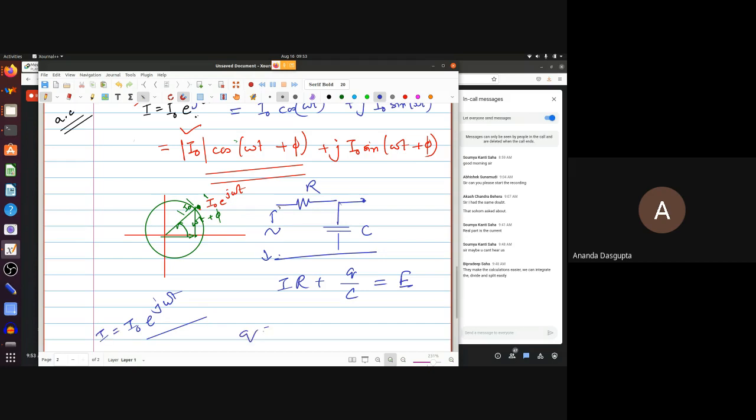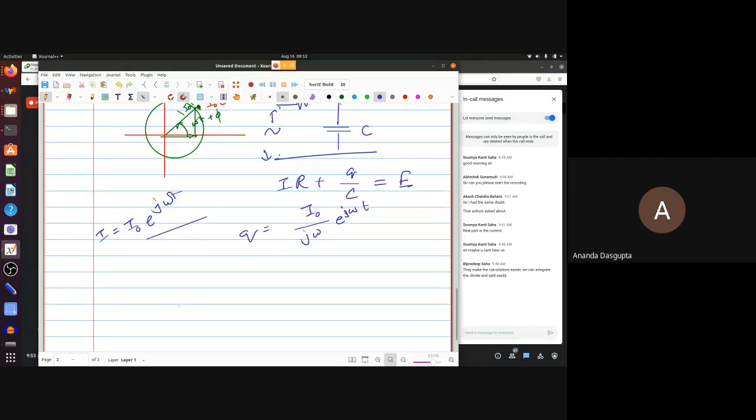the integral, would simply be I naught by j omega e to the j omega t. And this whole equation ultimately will boil down to this, and this, of course, as you all know, is the complex impedance that you use for this circuit.